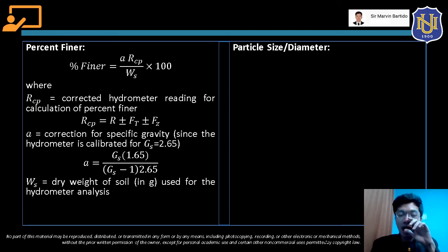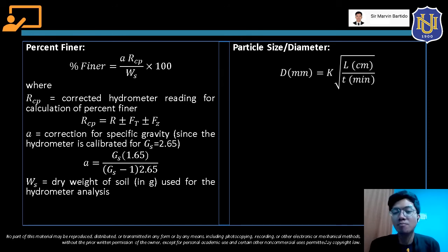Ngayon, i-compute natin yung sa particle size or diameter, or yung formula natin para dito. Okay, so this is D is equal to K times square root of L over T. Okay, wherein yung L natin dito, kailangan yung corrected yung gamitin natin. Okay, so ito ay R plus F sub M. So, ito yung reading na nakuha natin sa hydrometer, kailangan natin yun i-correct.